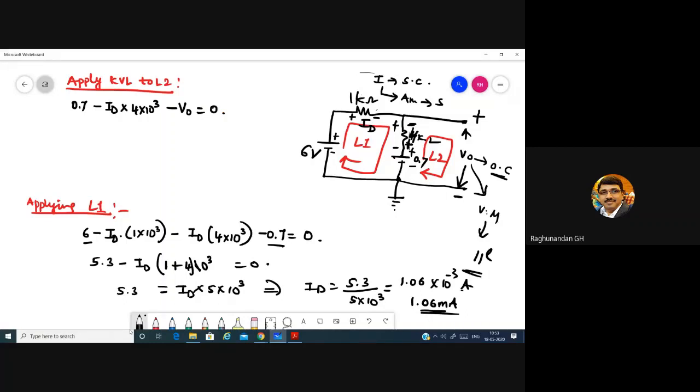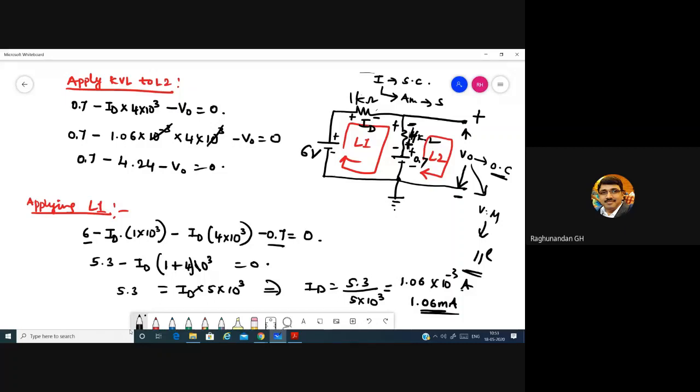Already we know what ID is, so just substitute the ID value. ID is 1.06 into 10 to the power of minus 3, into 4 into 10 to the power of 3, minus V naught is equal to 0. This gets cancelled, and we get 0.7 minus 4.24.